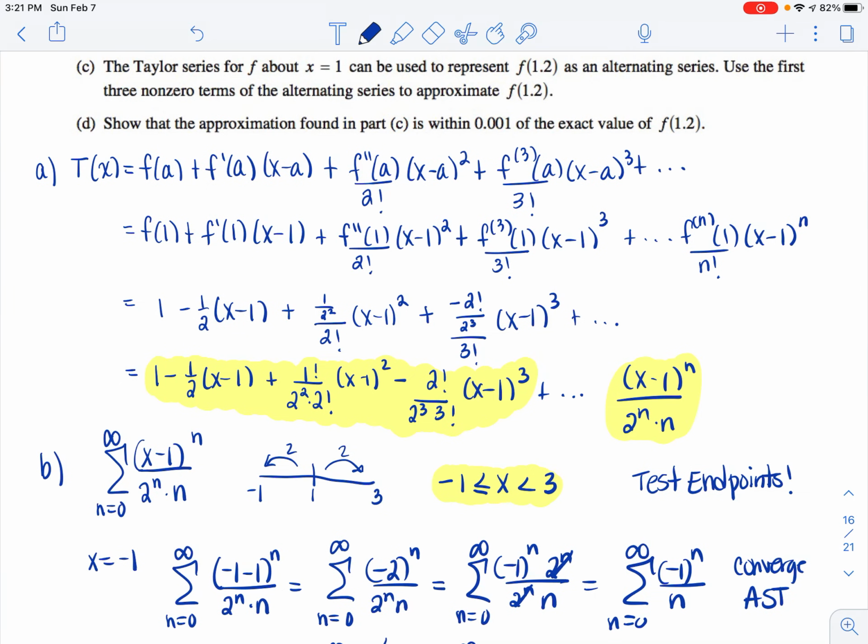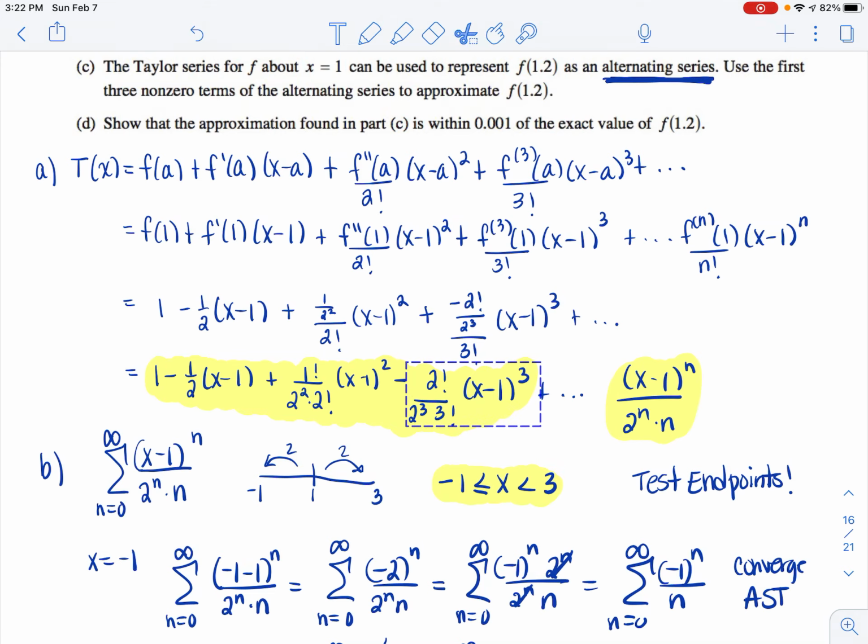So now, last but not least, part D. Show that the approximation found in part C is within 0.001 of the exact value of f of 1.2. They're even kind of highlighting what kind of series this is. So when it comes to error, you're using the alternating series error bound, which again, remember, is like the quote-unquote next term.